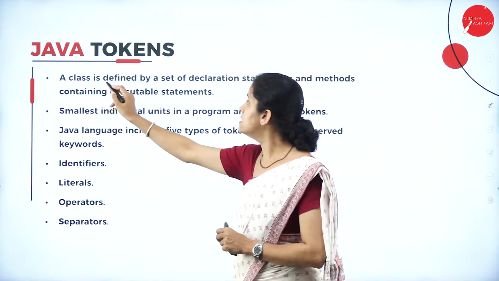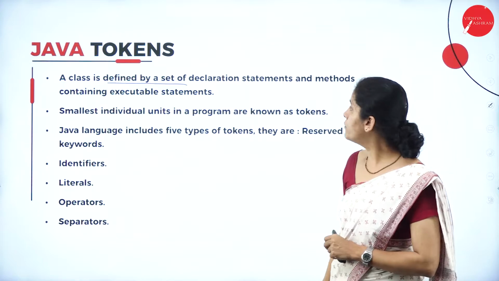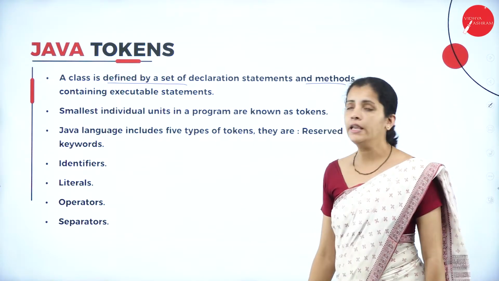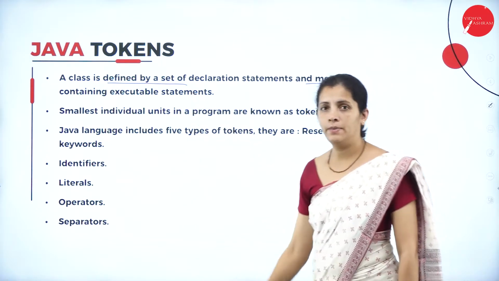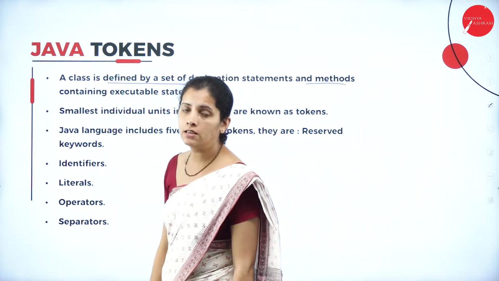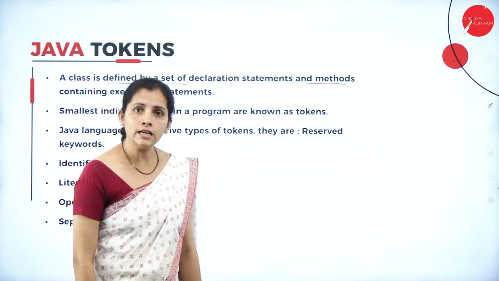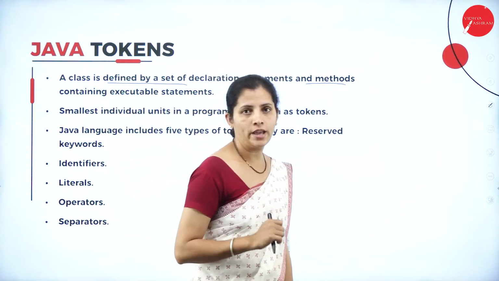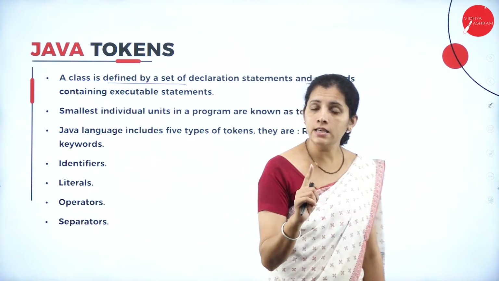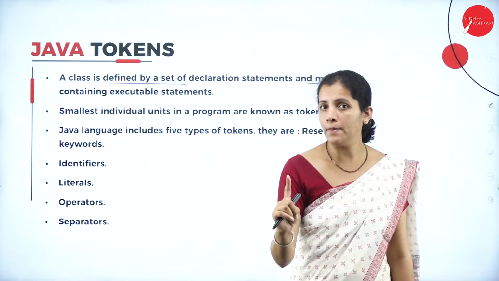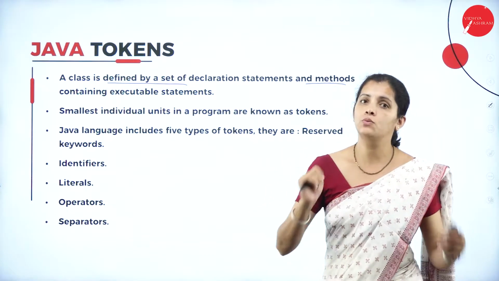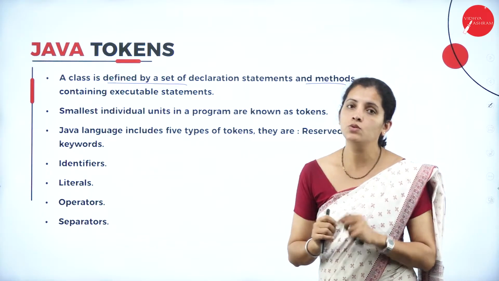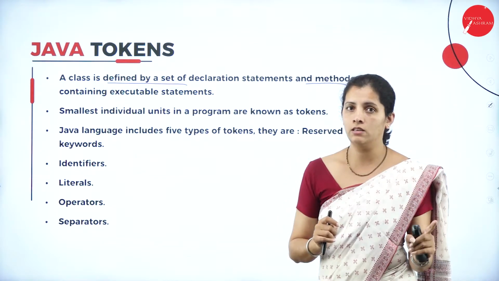So a class is defined by a set of declaration statements and methods containing executable statements. That means if I consider Java, it is termed an object-oriented programming language. And when I consider object-oriented programming, here I am going to focus only on classes as well as methods.